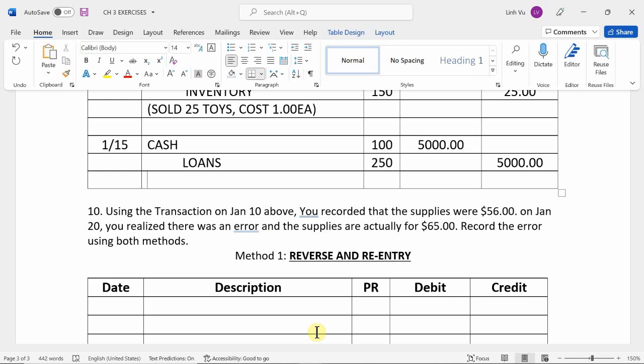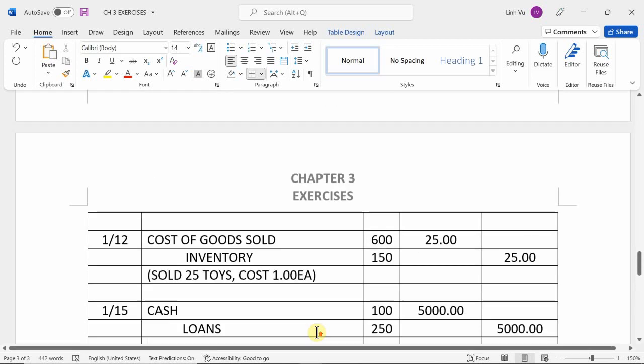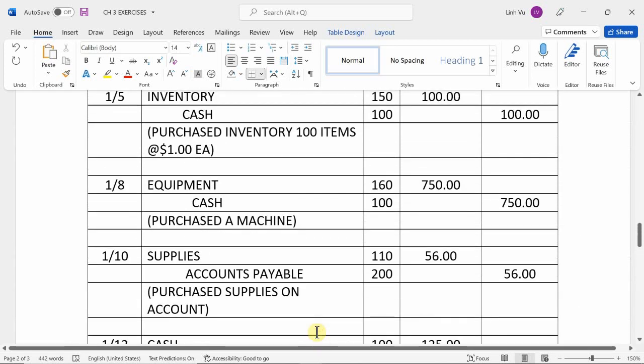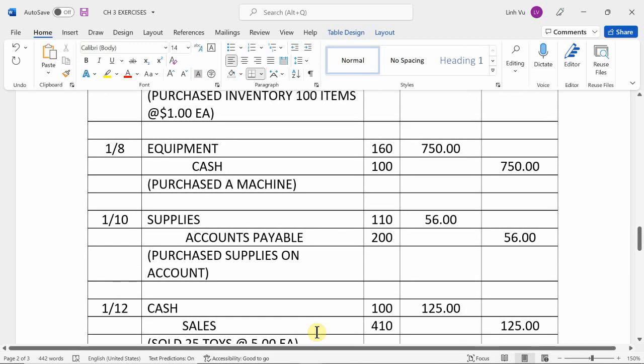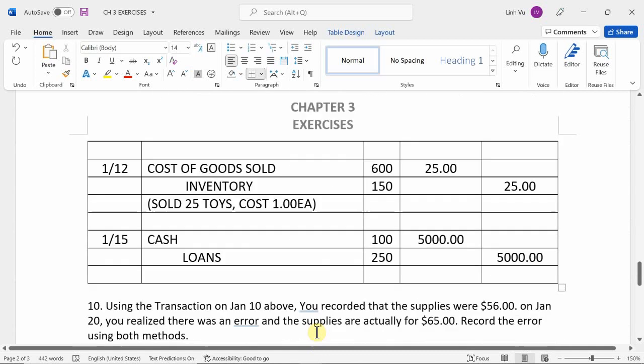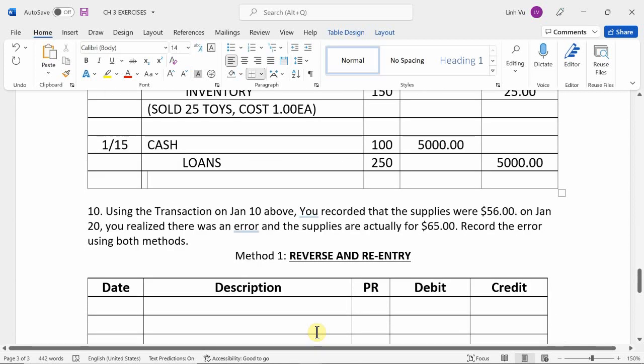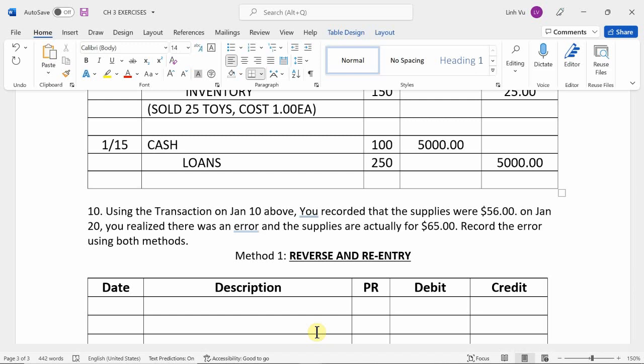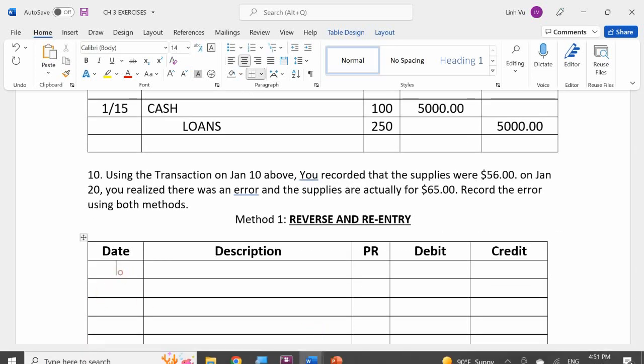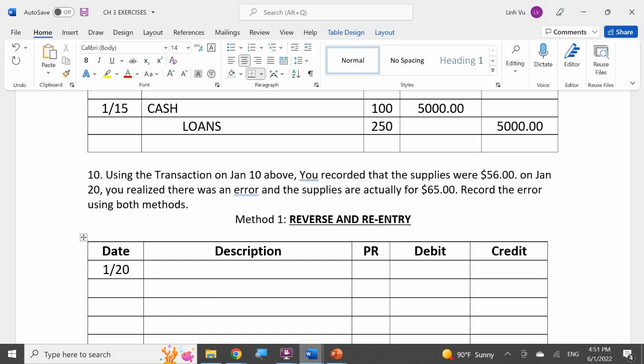First we're going to do the reverse and reentry. We have proof that on January 10 we purchased the supplies for $56, but on January 20th we realized we recorded the wrong amount. So this is us going back through our journals and noticing this doesn't look right, and that's where we find out that on January 20th we need to make a correcting entry.